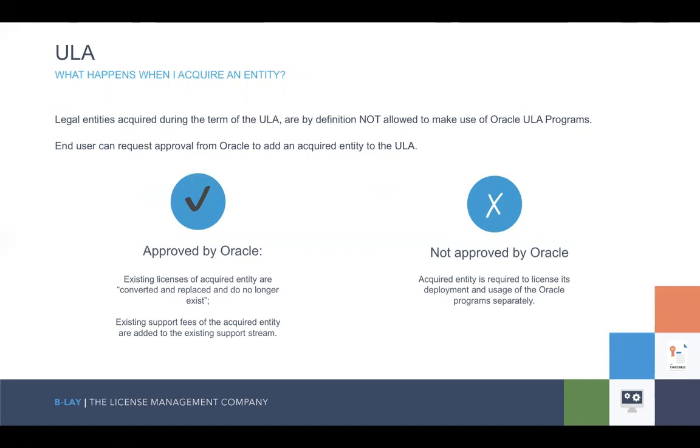Now, if you do not have specific language in your contract that allows you to have such an acquired entity make use of your ULA programs, which is something that you can negotiate as a non-standard clause, there are two options.